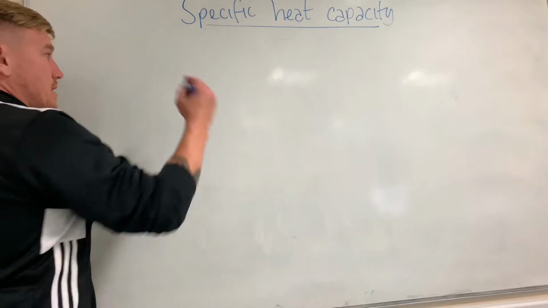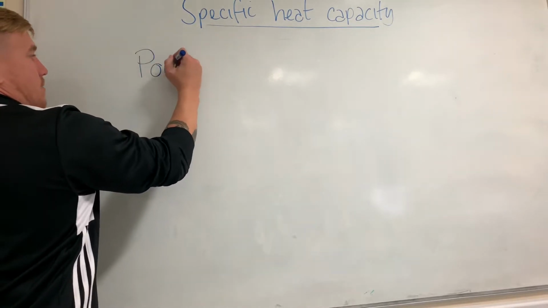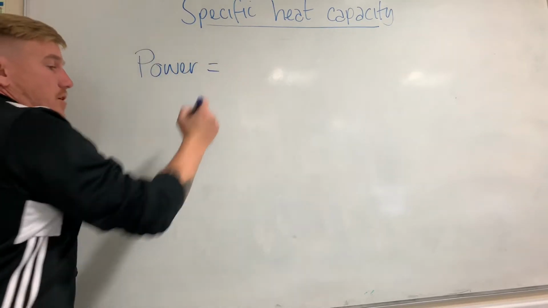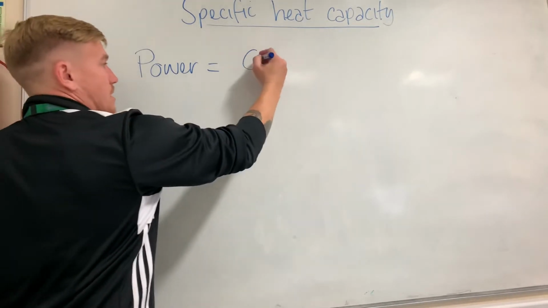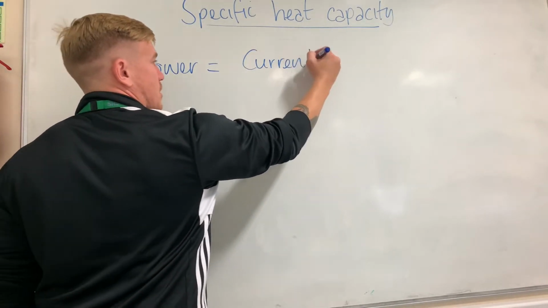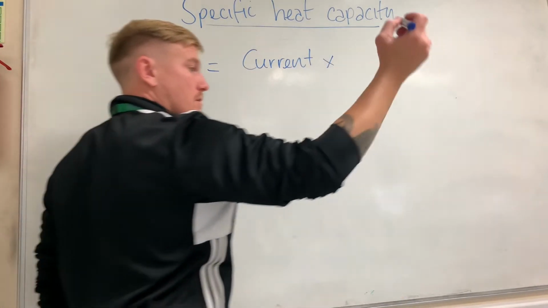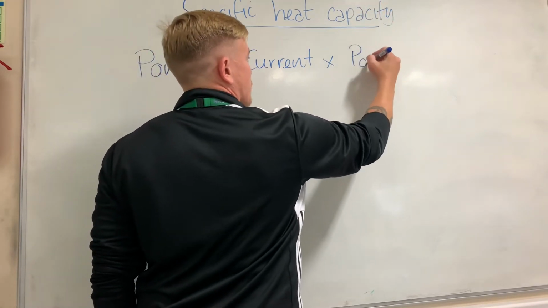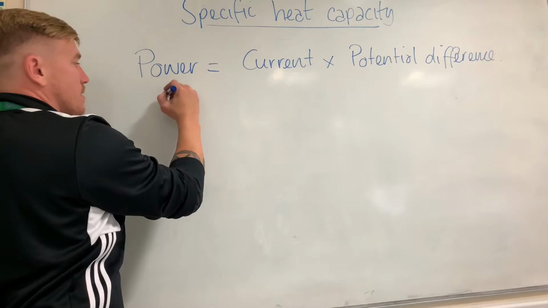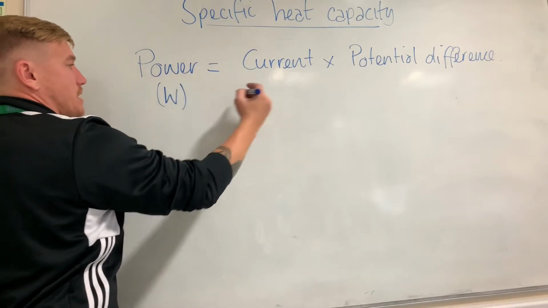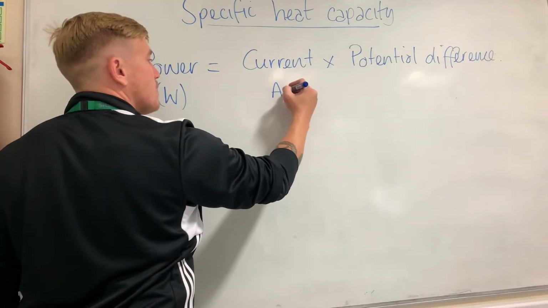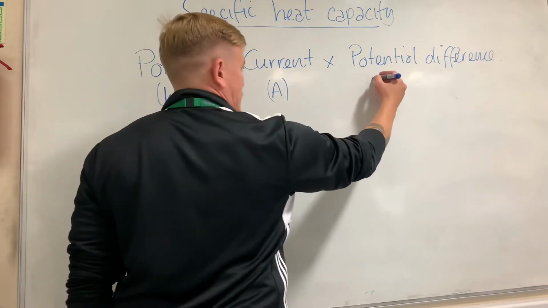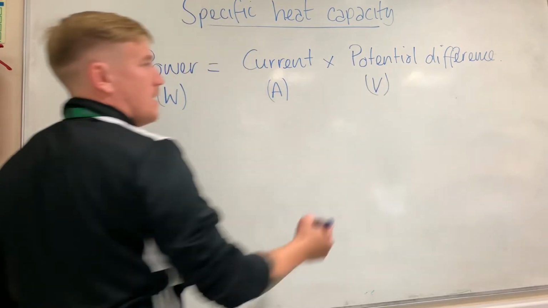So to calculate the specific heat capacity of aluminium, we are going to have to work out our power. And so what we do is we get our current and we times it by our potential difference. So our power is measured in watts, our current is measured in amps, and our potential difference is measured in volts.